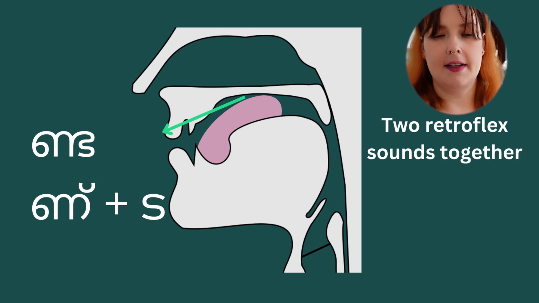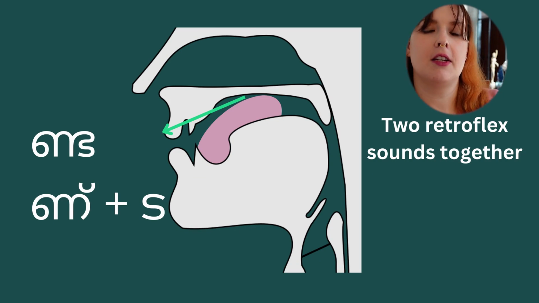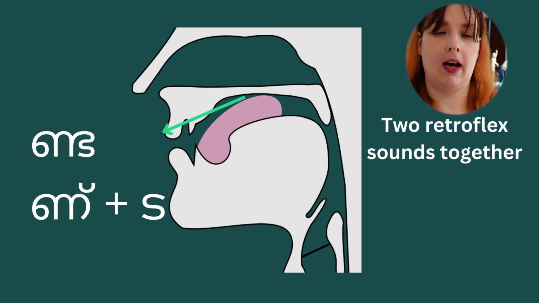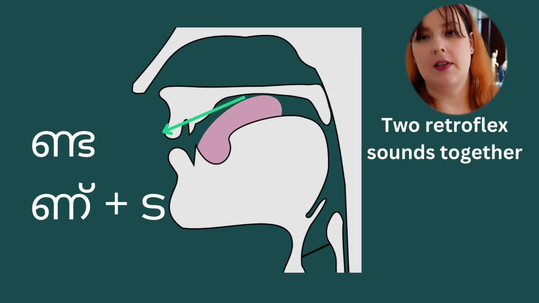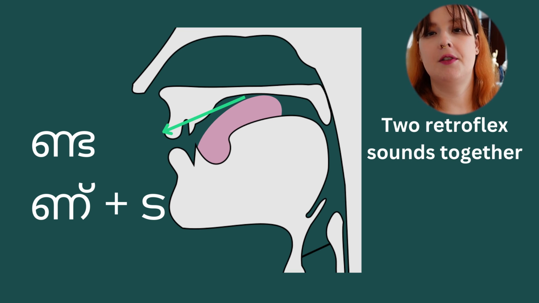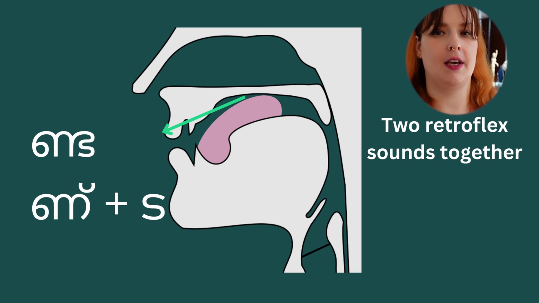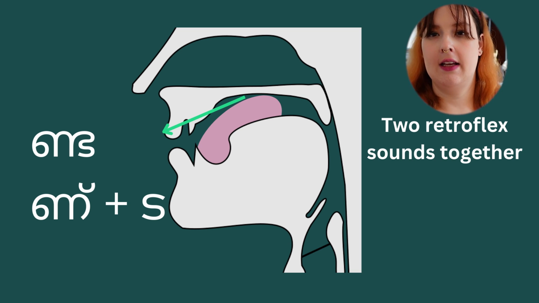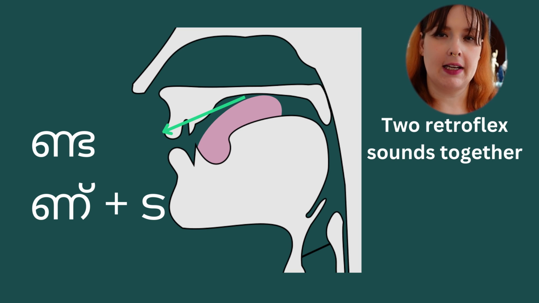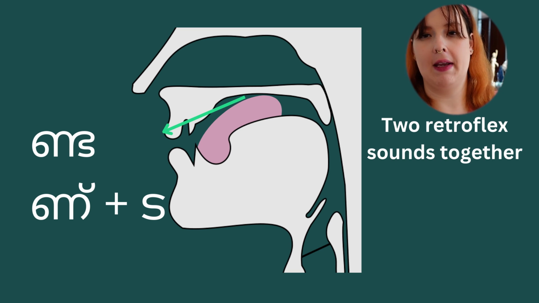Next, I want to go over this conjunct letter, nda. Nda is a retroflex sound with a combination of na and ta put together. Na and ta. If you need more help pronouncing these letters individually, I have 2 different videos that help you with that. One is the retroflex na, and the other is the retroflex ta. So what happens is we take off the a for na and we add ta.